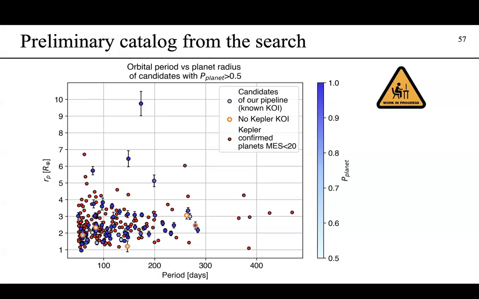Kepler does not know exactly whether they're planets or noise. For every one of them, we calculate this P planet, and we can tell exactly what is the probability that each one of them is a planet or noise. Those red points are Kepler confirmed planets, the ones that everybody uses for population estimation. In addition to them, we can now add all of those candidates with their probabilities to be real.